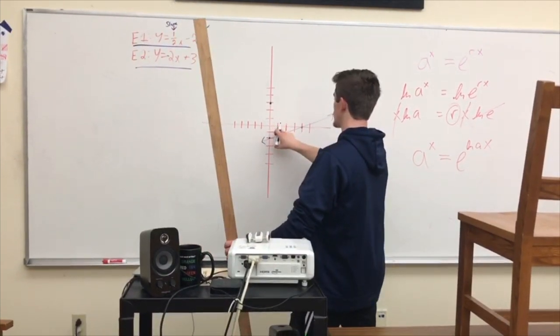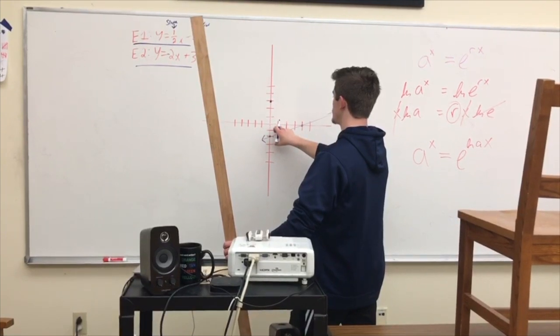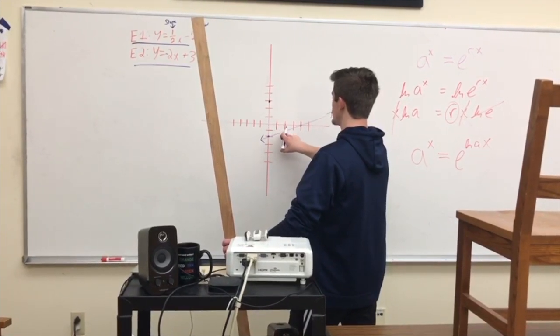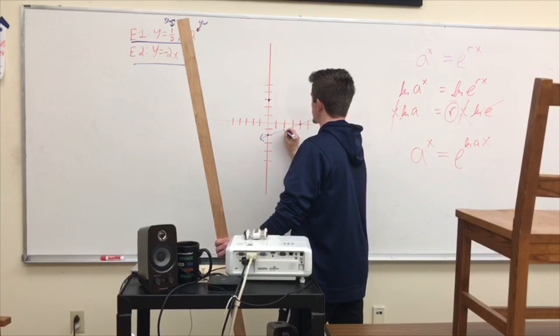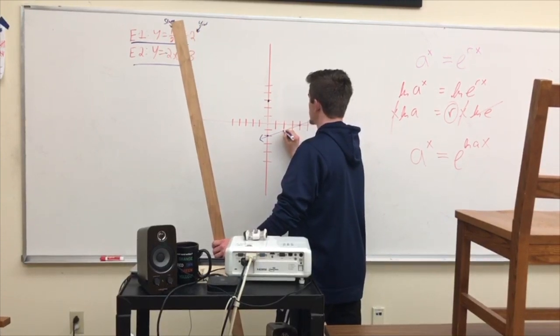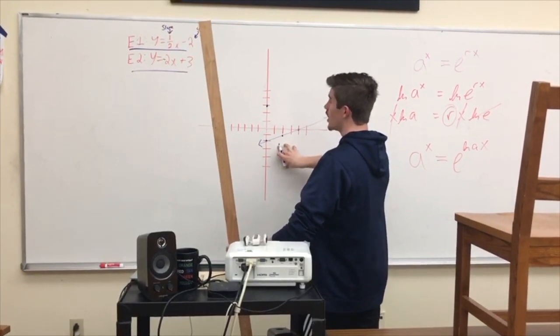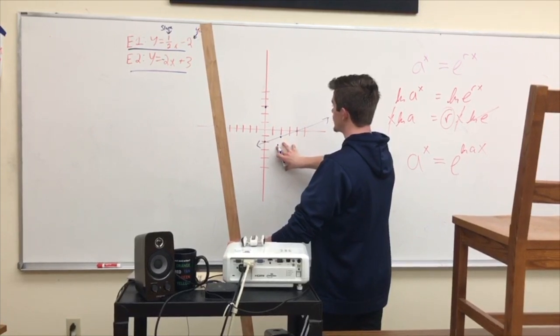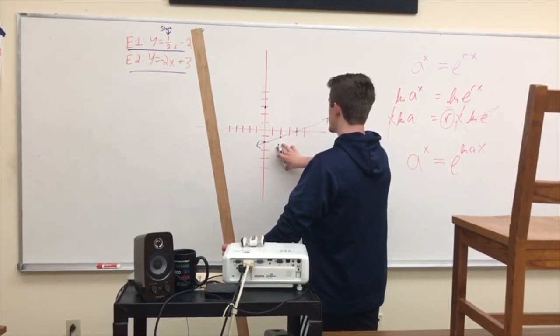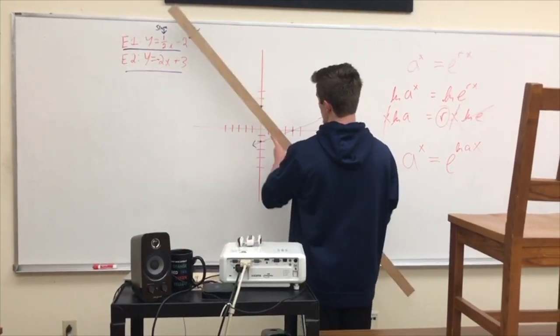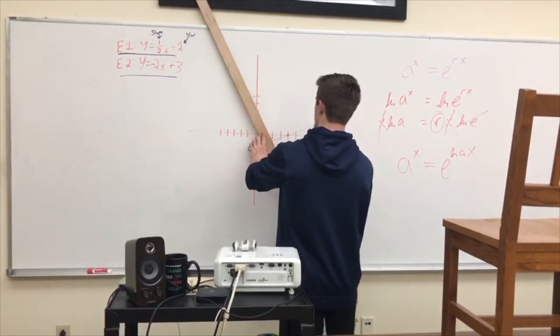And then once again, we're going to go down 2 over 1. So we're actually going to intersect equation 1's line at negative 1, 2. And we can draw this line right here.